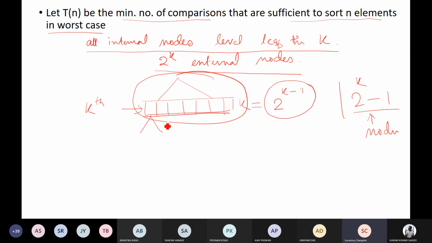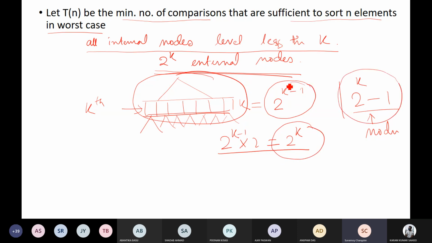So if you add 2 with each, then what you will get is 2 to the power k minus 1 into 2, which equals 2 to the power k. So the total number of external nodes equals 2 to the power k when we have 2 to the power k minus 1 nodes at the kth level. So what can we say?